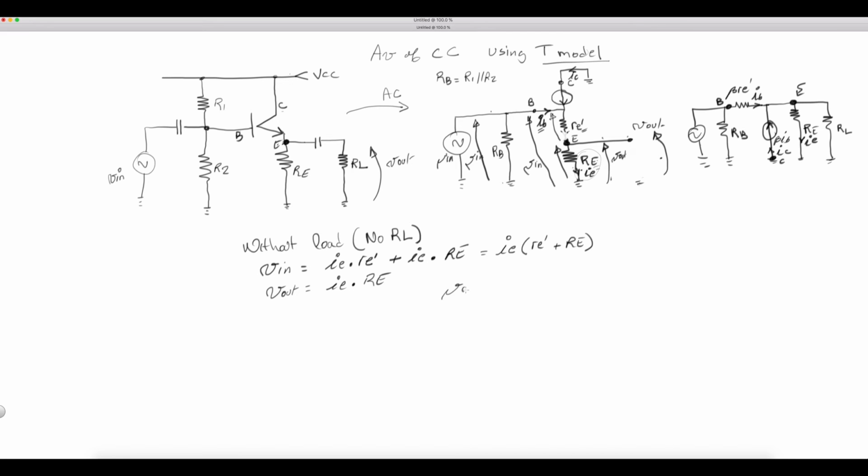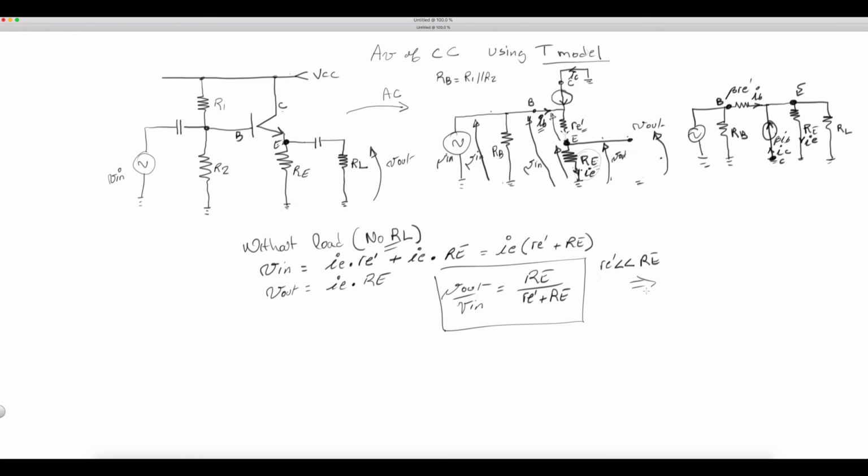So that would be the voltage from here to here times the current going through RE. So V out over Vn with no load is going to be equal to big RE divided by RE prime plus RE. Now, this is very important. This will be the exact formula with no load. But we know also that little RE prime is much, much less than typically RE.